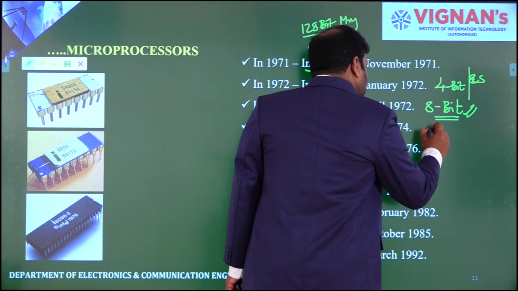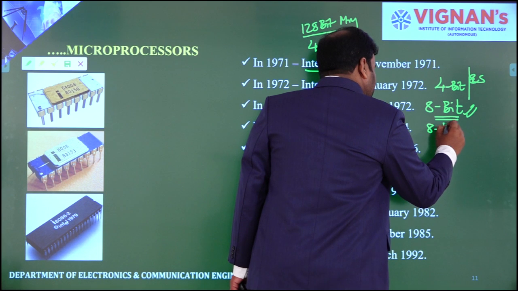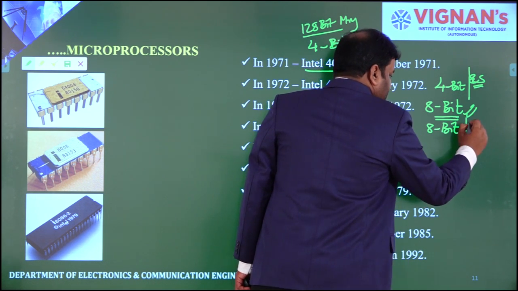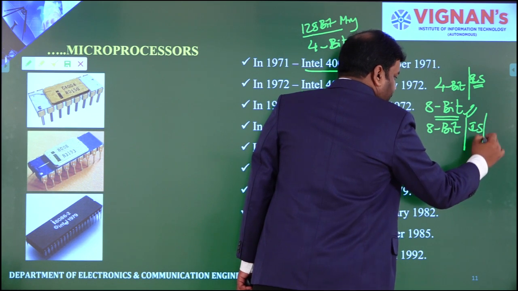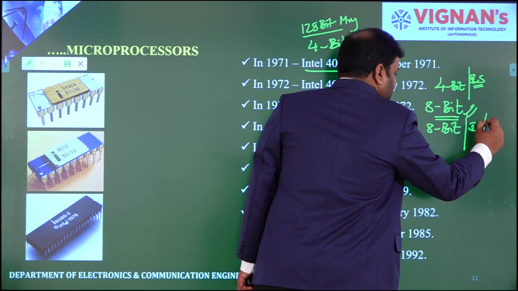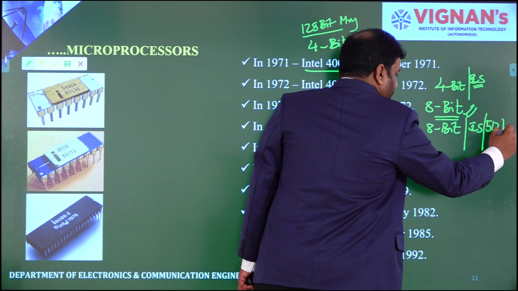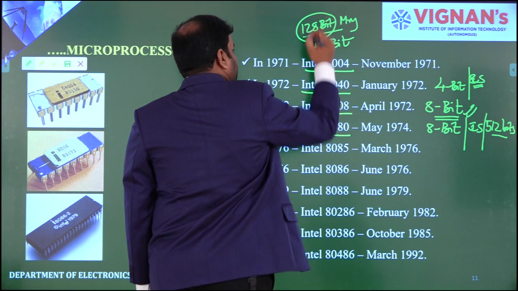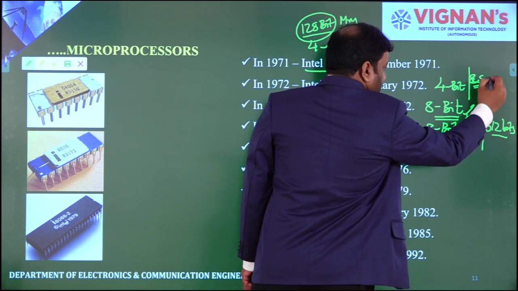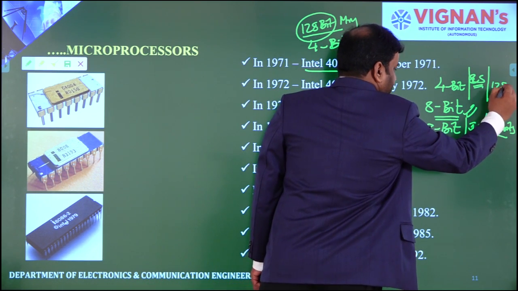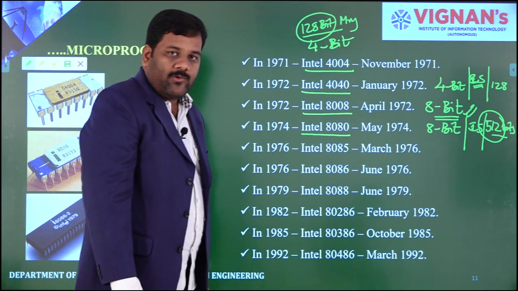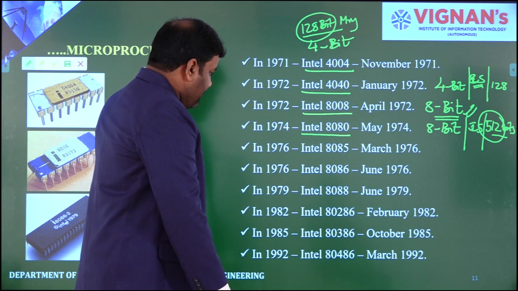Within 2 years, the 8080 was introduced with 8-bit capability and instruction set support, and memory was increased to 512 bits. Before, we were using only 128-bit.